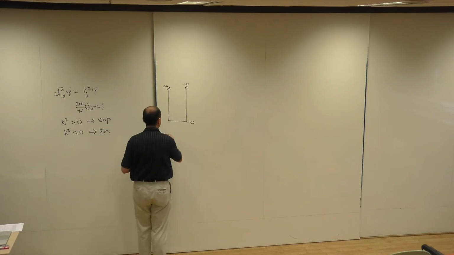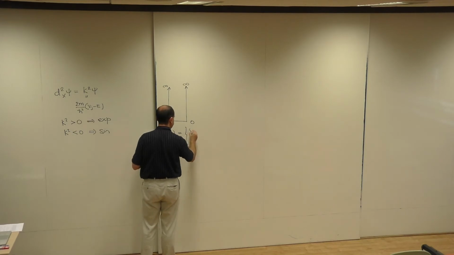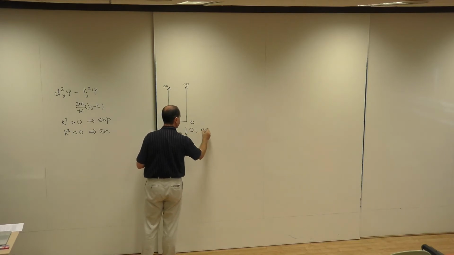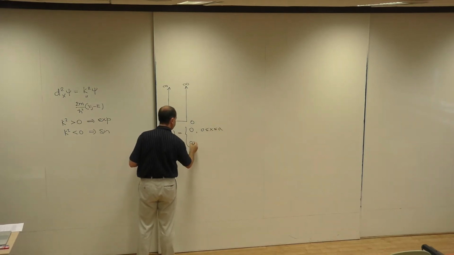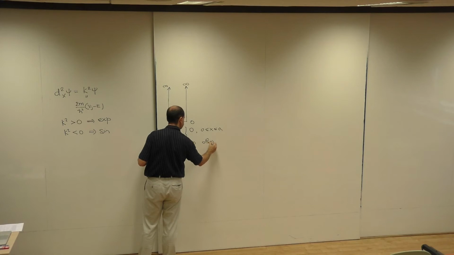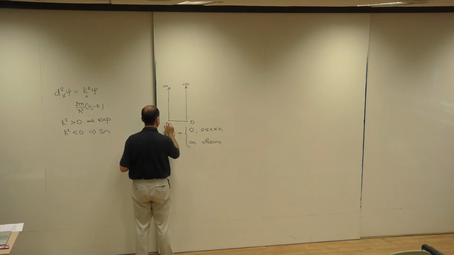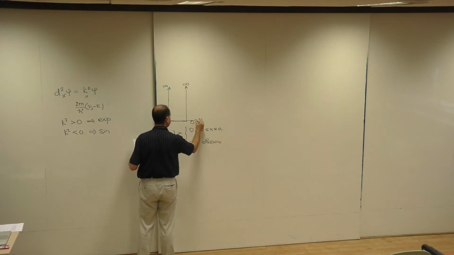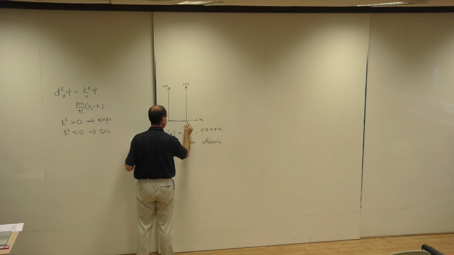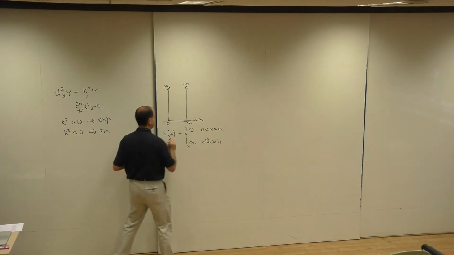So this potential V of x is equal to 0 for x between 0 and a, and infinity otherwise. This is in my x direction, this is the value a and this is the value 0.